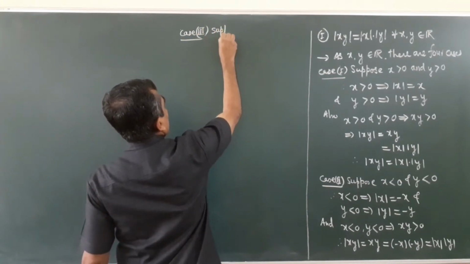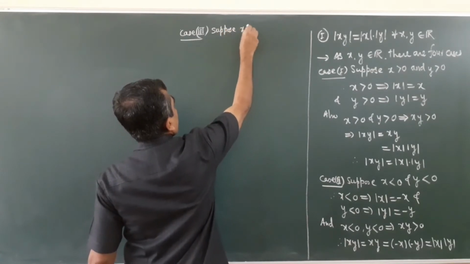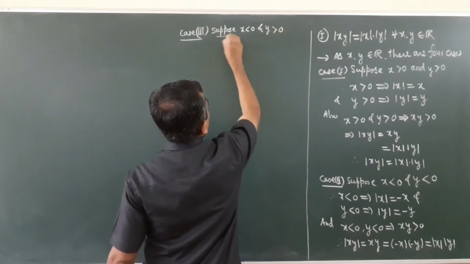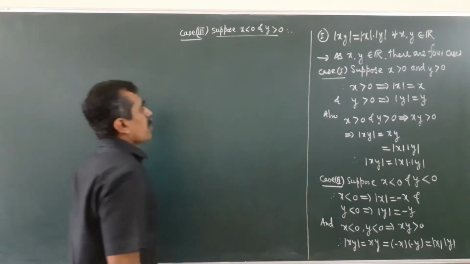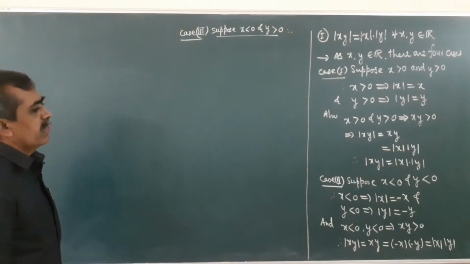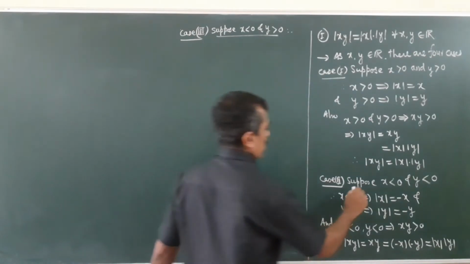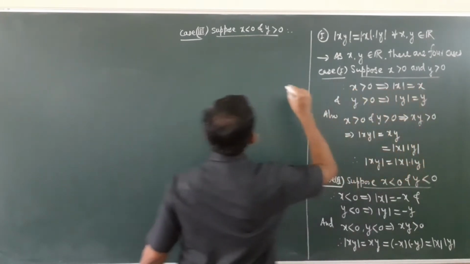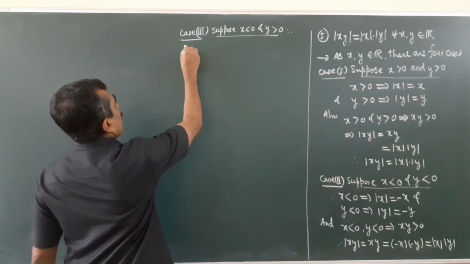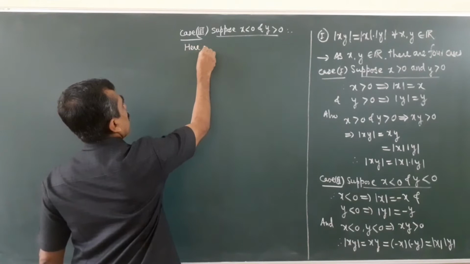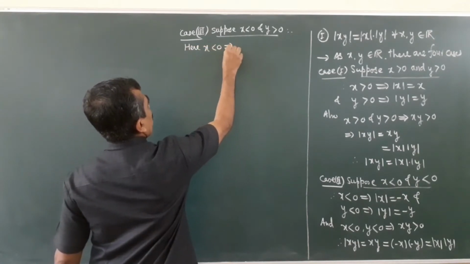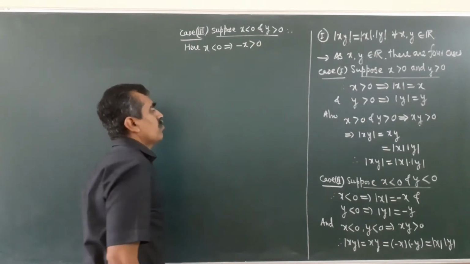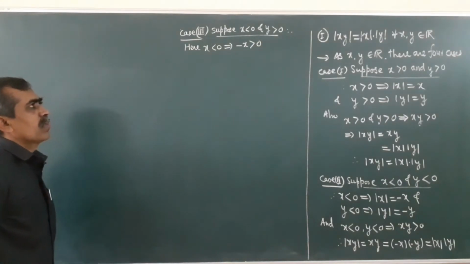Suppose x less than 0 and y greater than 0. So now here, x less than 0 implies minus x greater than 0, right?